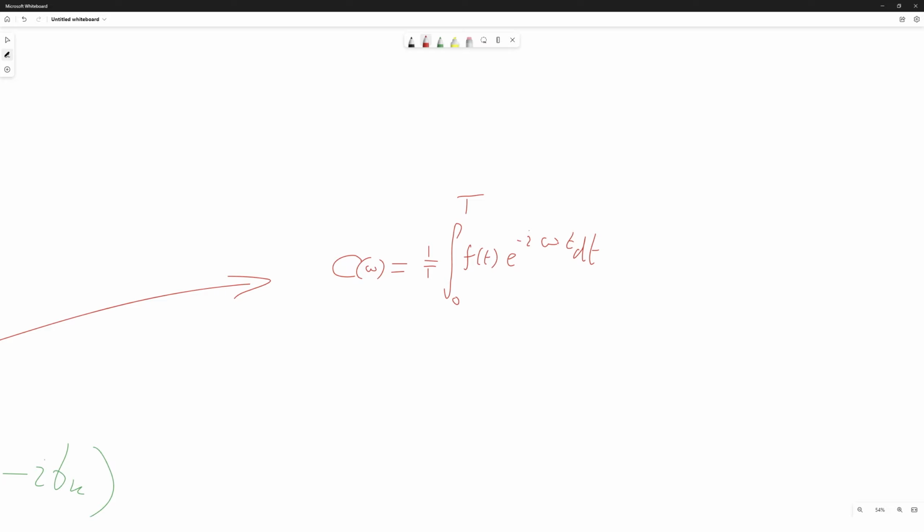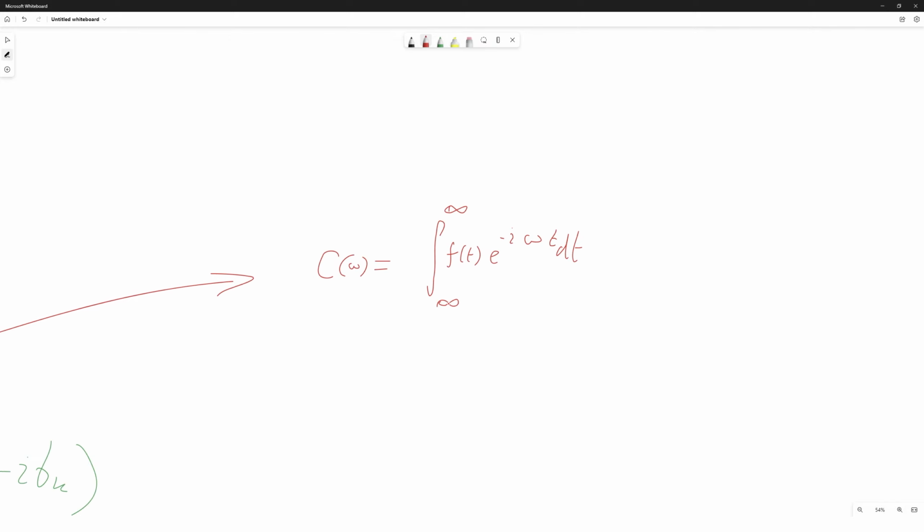In order to do this, we can't just integrate over a period. We can get rid of this because we don't care about the scaling as much anymore. But now let's integrate over a larger and larger period. In fact, let's just integrate over all time.